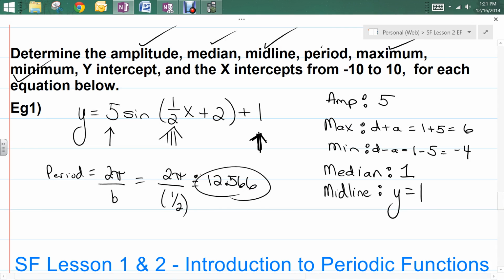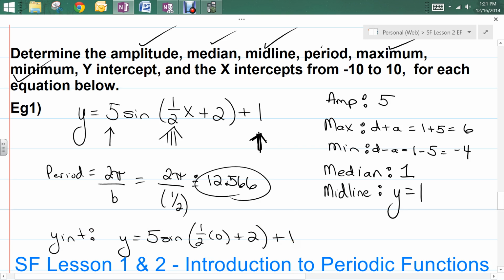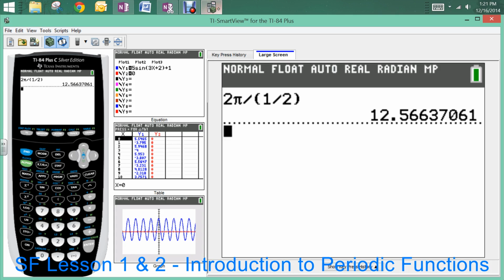Okay? For the y-intercept, you let x be 0. So you're going to have y equals 5 times the sine of (1/2 times 0 plus 2), and then close the bracket plus the number 1. You type that into your calculator.